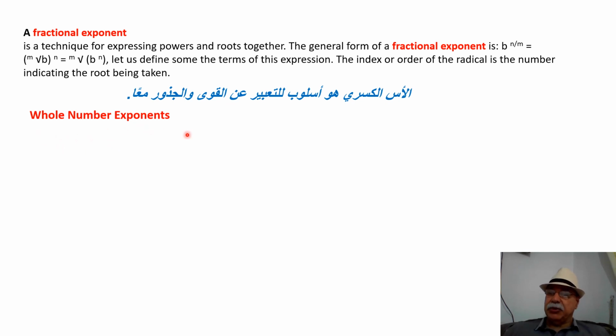Whole number exponent. First, let's look at the whole number. This is the number 8 squared. We learned in the last video the square as a power, index or exponent.